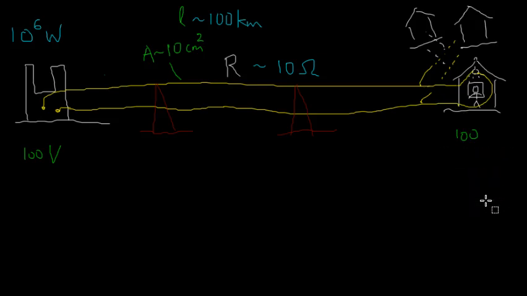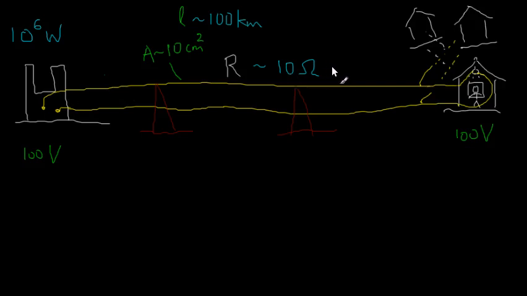Okay, so that's used in some countries. So this power station is going to try to send current through this at 100 volts. Now, it will probably need to start at a bit higher than 100 volts because there's this voltage drop across this resistance that it needs to overcome.